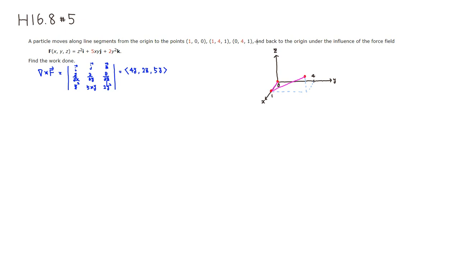Then we're going to go to 0, 4, 1. So x is 0 and y is 4, z is 1, so it's going to be up there. It goes there and then closes the box. So this is the surface right here.